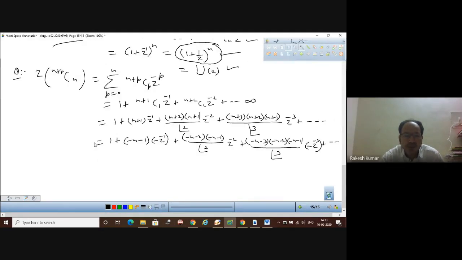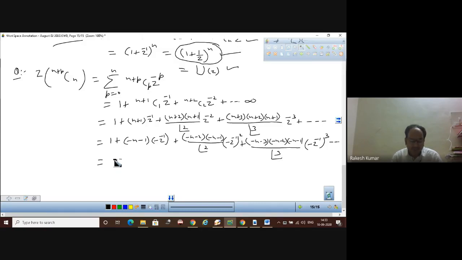Now we are doing so because this becomes the formula. This term can be written more simply, because we have to write the binomial term, and it can be written like this. That will be minus Z inverse whole raised to power 3, and this term can be written as minus Z raised to power minus 1 whole power 2.